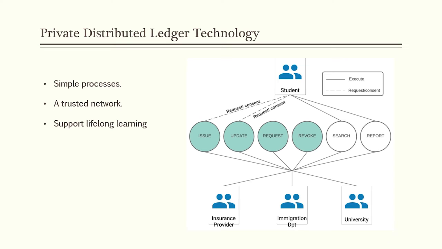For instance, if the student takes the health assessment for the visa and shares it to our system, that document can be easily configured to be only accessed by the immigration department. The insurance provider and the university cannot have access to that file. Therefore, the system also provides a trusted network to all the stakeholders.